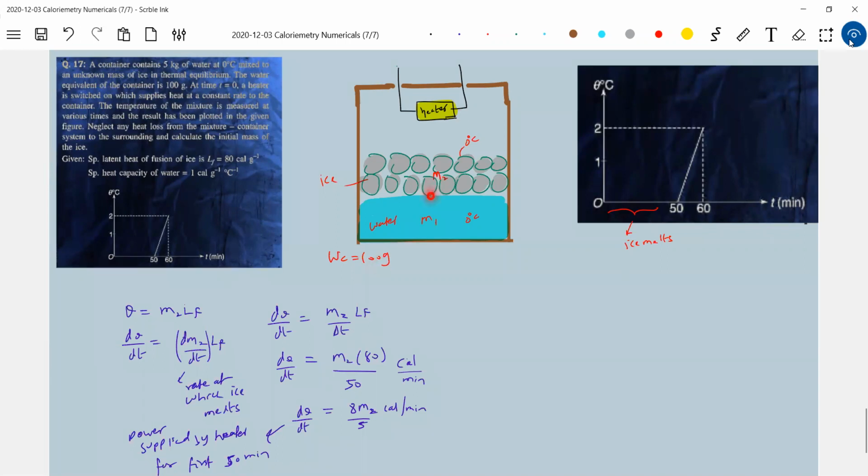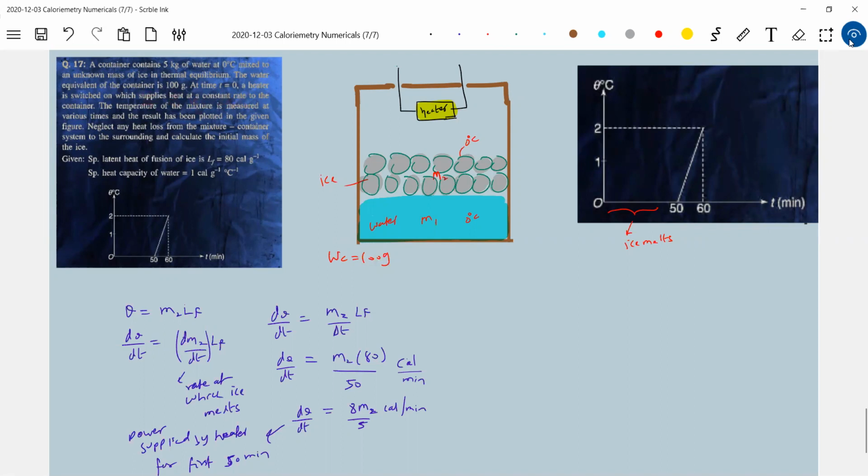The temperature will rise from 0 to 2 degrees Celsius. Who will supply that? Again the same heater, because the heater will continuously supply heat at a constant rate.